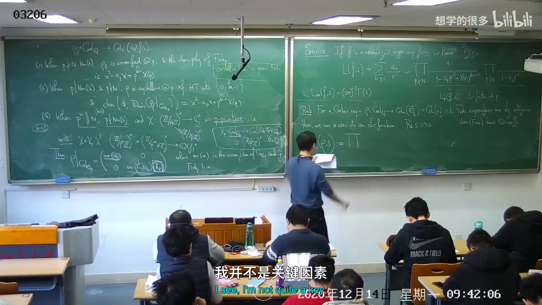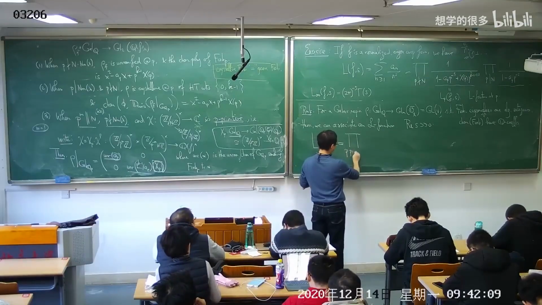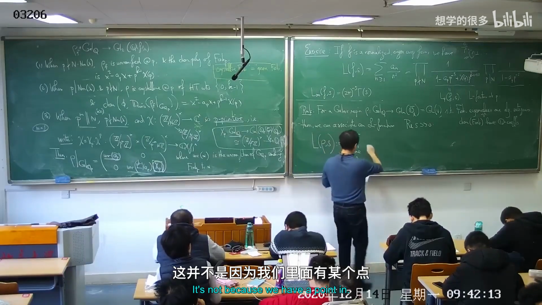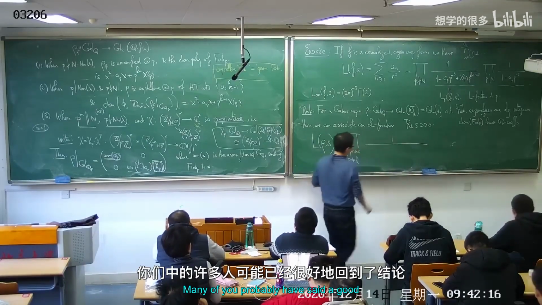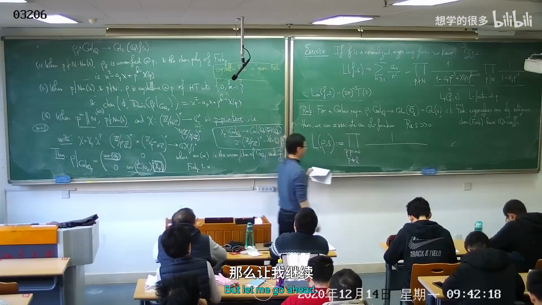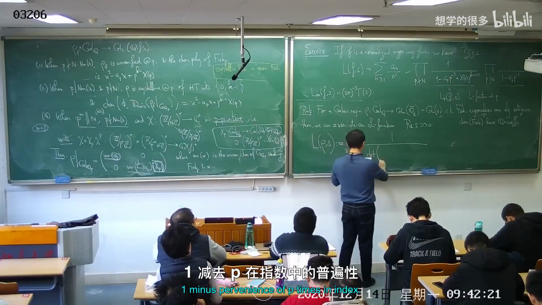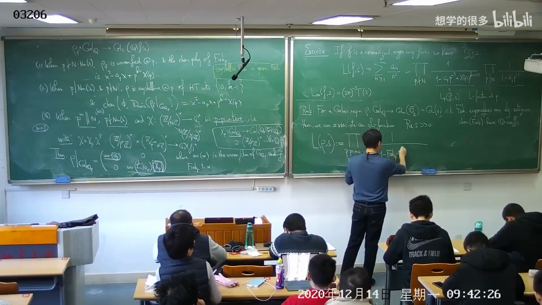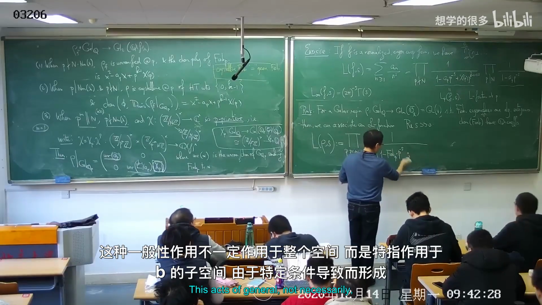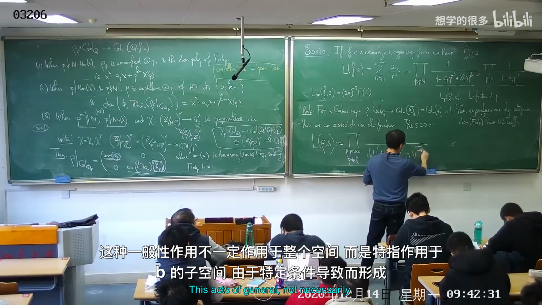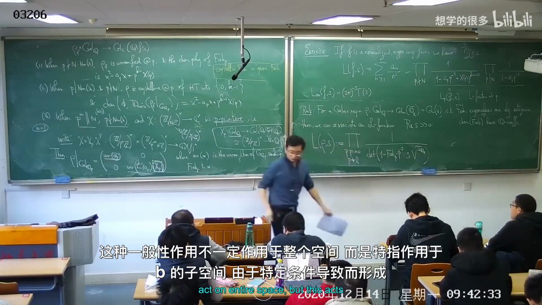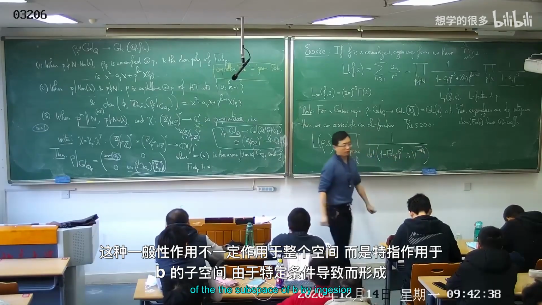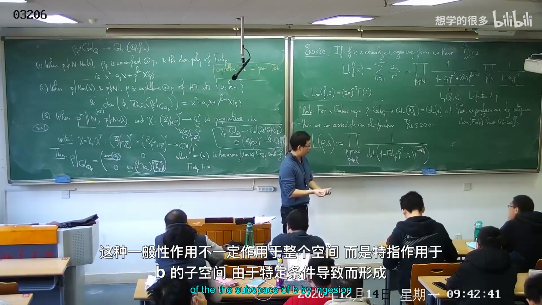Let's see. First, take P not equal to L. I have the following factor. Many of you have probably seen this in some good cases, but let me write it: 1 minus Frobenius of P times P to the negative S. This acts, in general not necessarily on the entire space, but on the subspace of B that's fixed by the inertia subgroup.